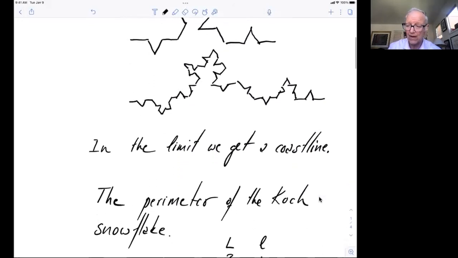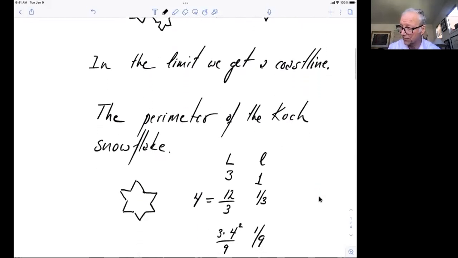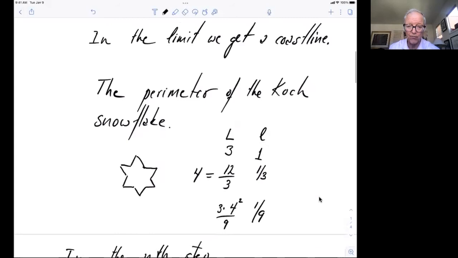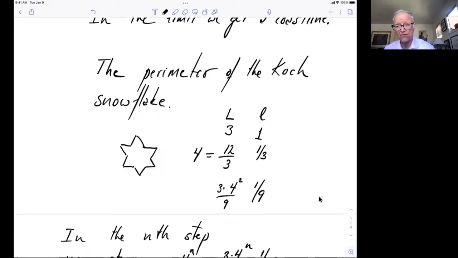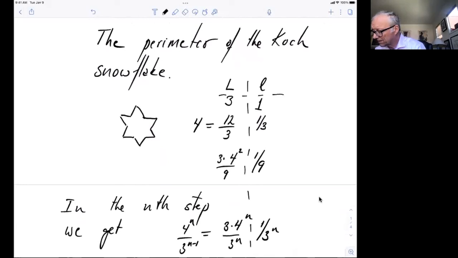Now, the perimeter of the Koch snowflake is infinite, as I mentioned before, and we can easily compute it. And let me go through that computation with you. So I'm going to distinguish the length of a line segment and then the length of them all, or the perimeter. Little l is the length of a line segment, and capital L is the length of the perimeter.